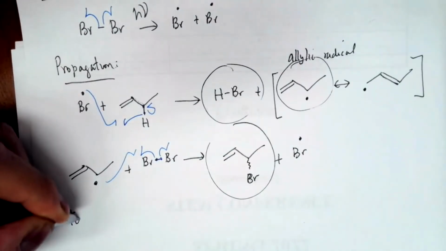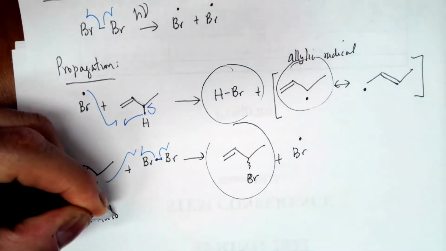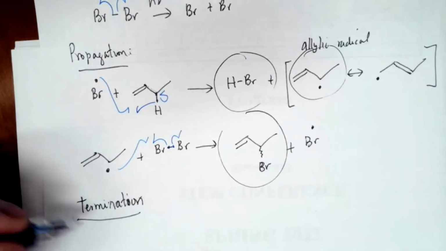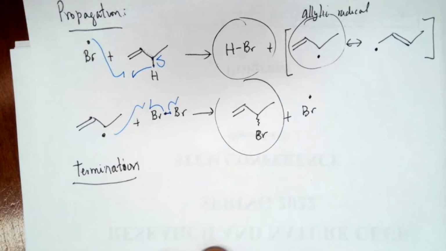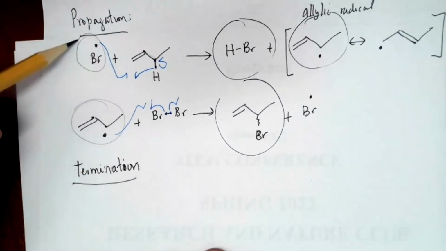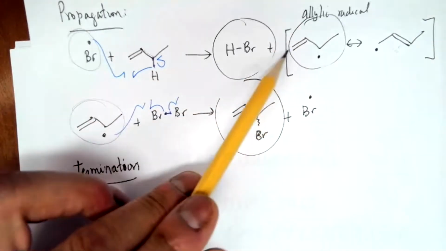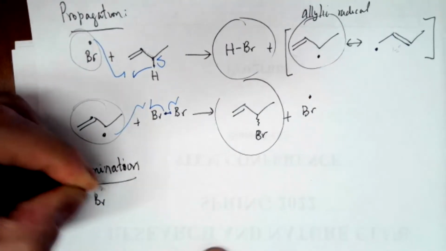Now in termination, I almost said like Terminator, the movie. Termination, I bring all my radicals together. What are my radicals? I will simply mark them with pencil here, here, here, this one. I didn't use this one; we just use the ones that I used in the reaction.